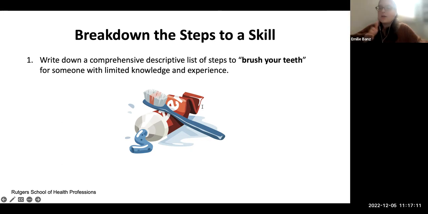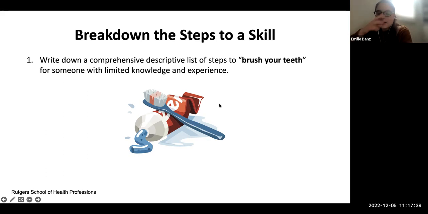Depending on, again, individualized, where is the person at? Do they need a toothbrush? If they already have a toothbrush, they don't know that. Some people might know, like, hey, I don't need to write down being in the bathroom because I know I have to go to the bathroom to brush my teeth. Other people might need that information, right? Some people highlighted having to turn the water on.